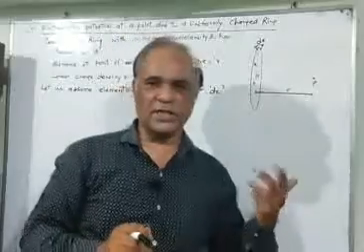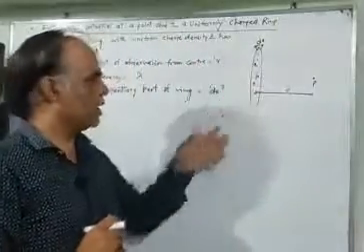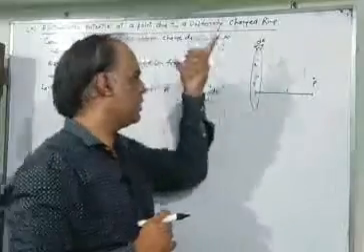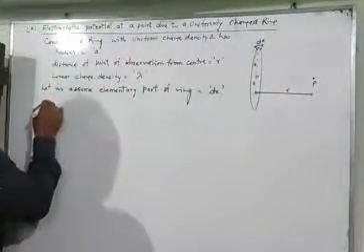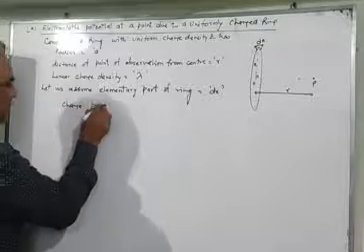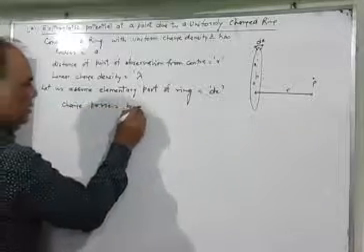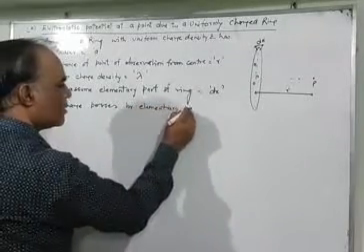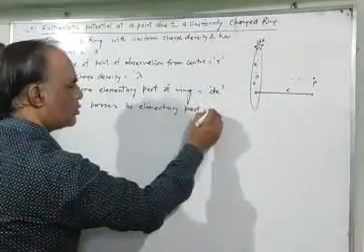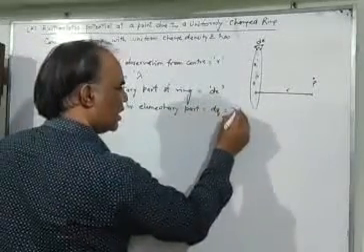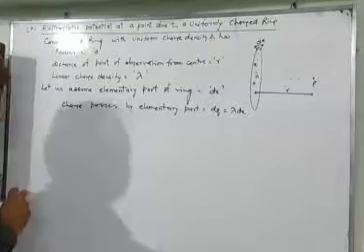As the charge is uniformly distributed throughout the ring, we can easily evaluate the charge possessed by this elementary part. So charge possessed by elementary part is equal to dq, and that can be written as lambda into dx.